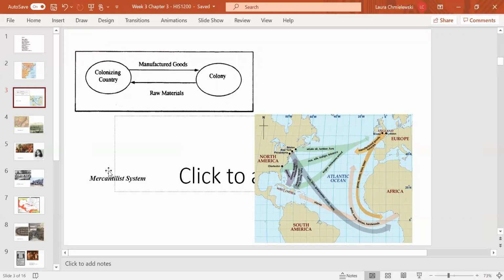So, for example, if you're a society that thrives on pine trees, and pine trees were used in shipbuilding, they were one of the key trees in shipbuilding, you would want to make sure that you had unlimited access to pine trees at all times so that you could continue with that important enterprise to you. And that's what the mercantilist system is. It's keeping all money and all goods that you need basically under the control of the influence of your parent country, which is in our case England.